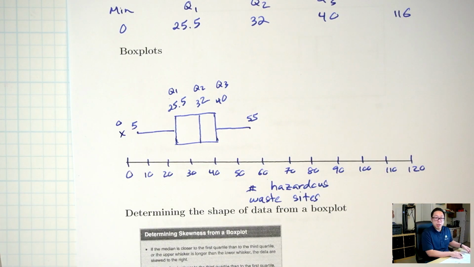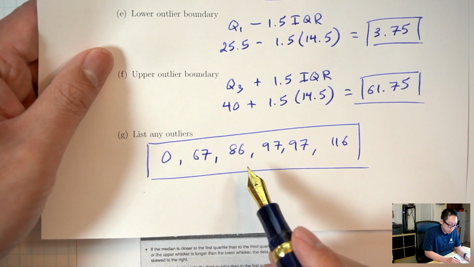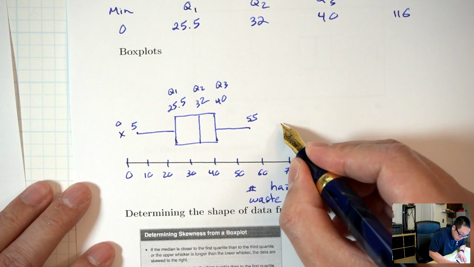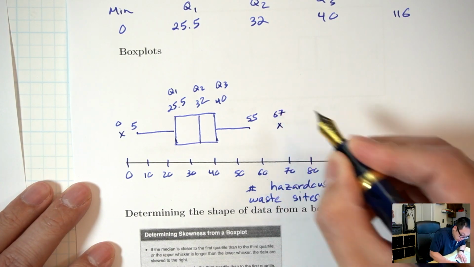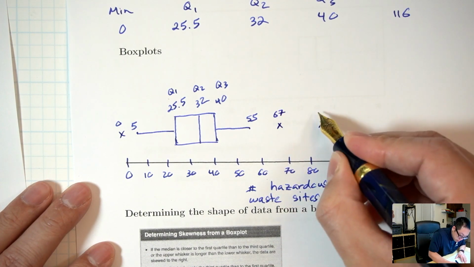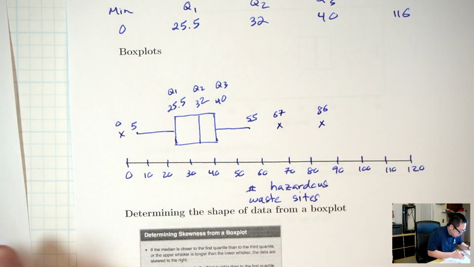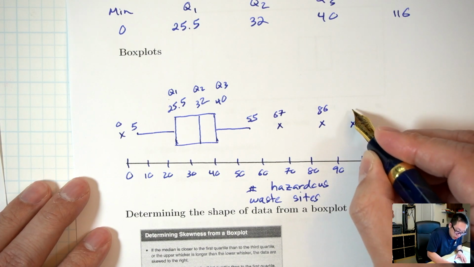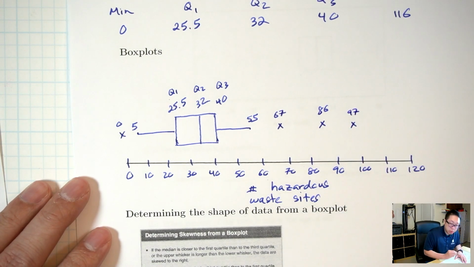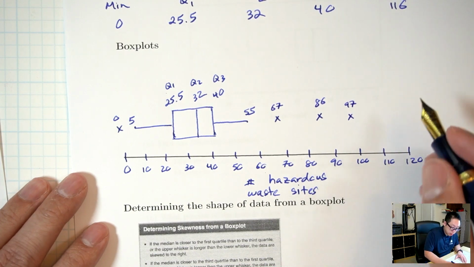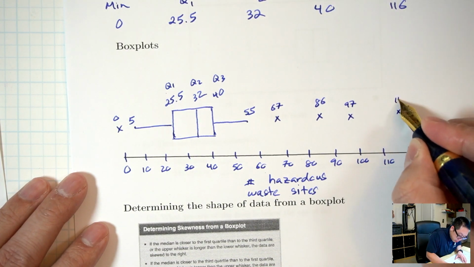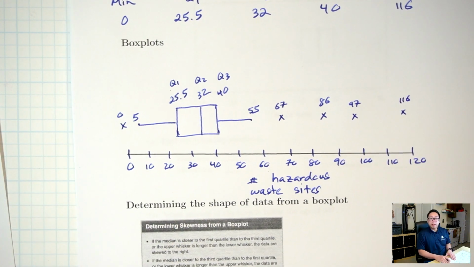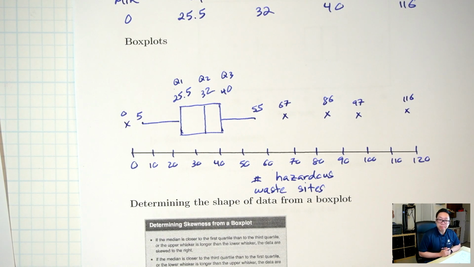So that's an outlier at 0, and then I have outliers at 67, 86, 297s. You can list them twice, or you can just do it once, and then 116. And that's a box plot.